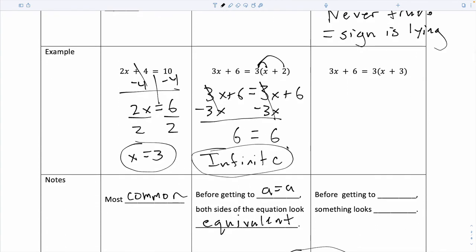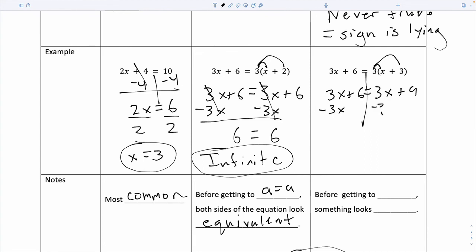First step, what do I do for this one, Claire? Okay. You could either subtract the 6 or subtract the 3x. Let's just subtract the variable.